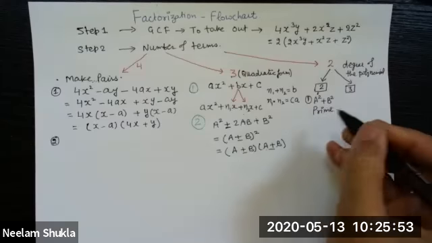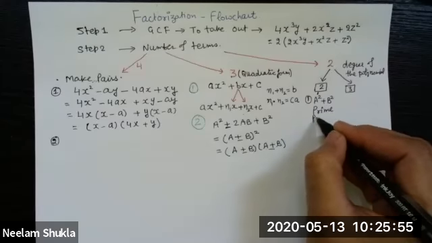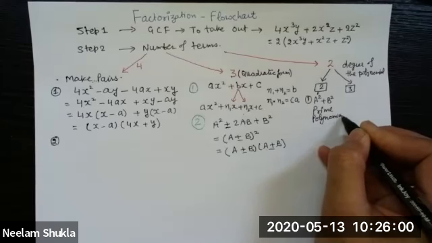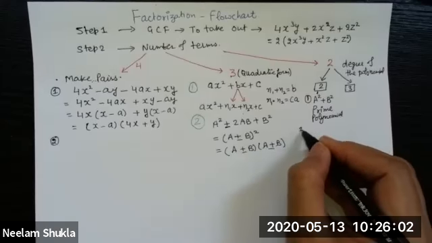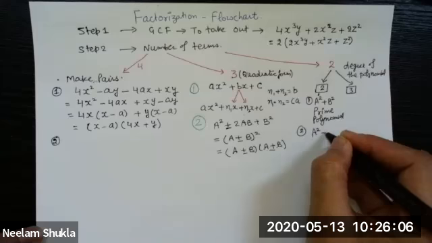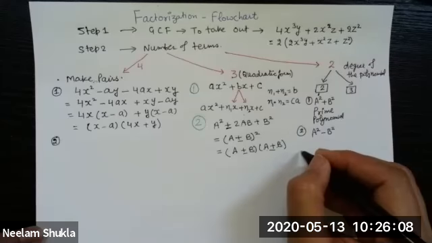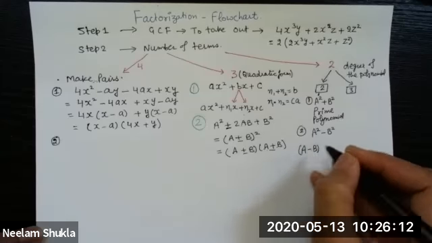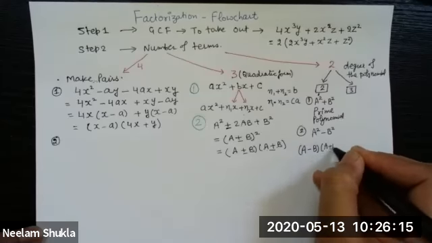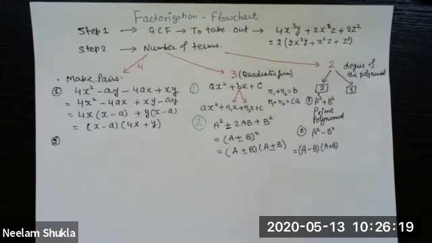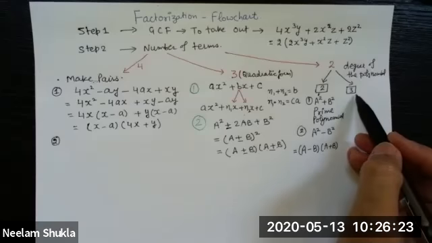You cannot make the factors, if you remember this algebra formula. But if your formula comes out to be a square negative b square, you can write this equal to a negative b times a positive b, and you can make your factors. Okay, I will consider this part later.